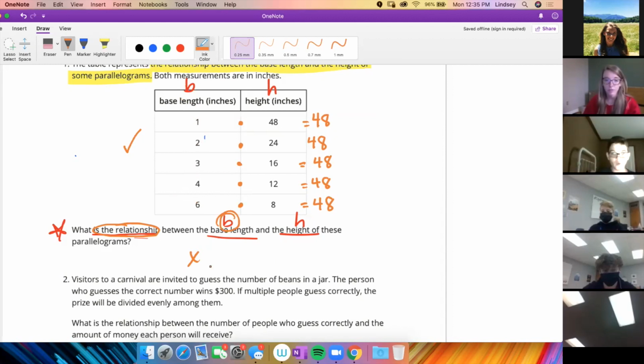No, I'm saying what did we do to our X and our Y here? We did our X value times our Y value, right? And that equaled what? 48.